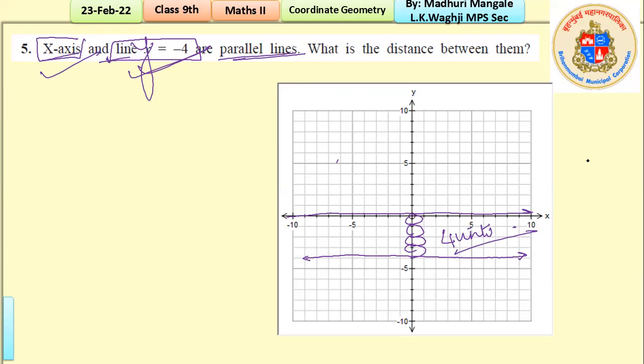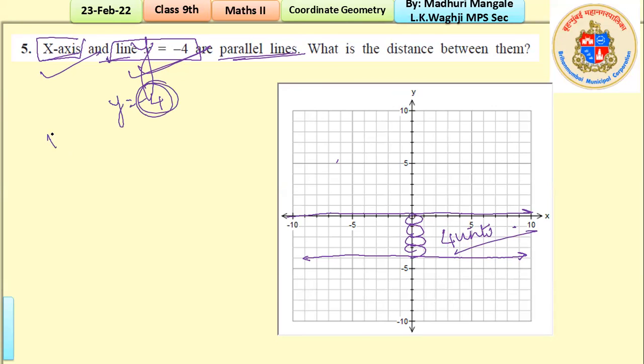That's how the working is. If this question is asked for 1 mark, you just write the positive number. In this case the equation was y equals -4, so 4 will be the answer.